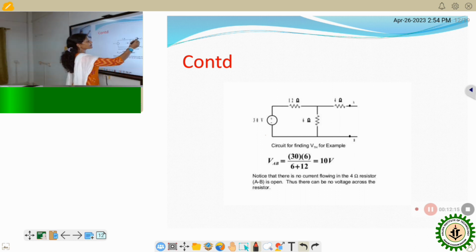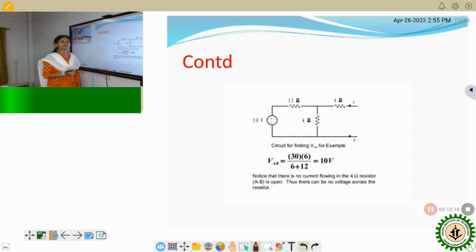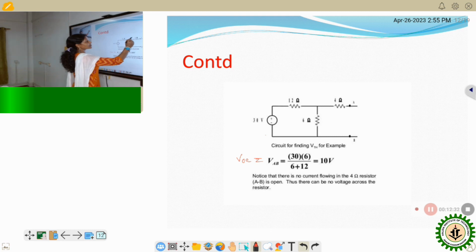This is the circuit. Now AB is open circuited, and the next step is to calculate VOC. VOC will be equal to VAB. As the current through this 4 ohm resistor is 0, because it is open circuited, whatever voltage drop appears across this 6 ohm resistor will be equal to VOC.